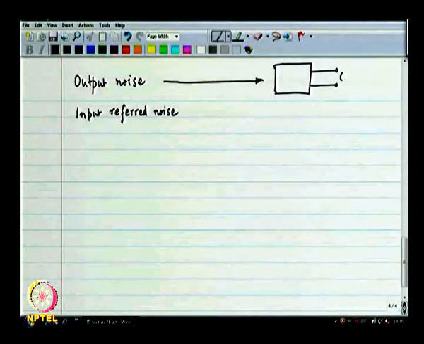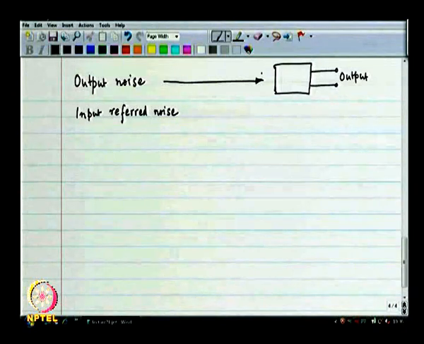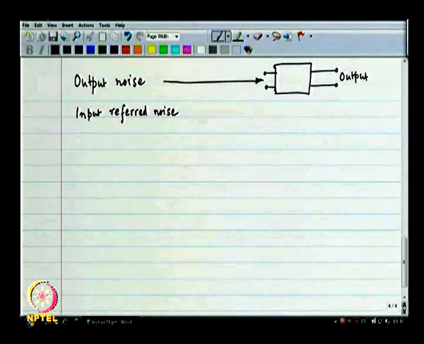Okay. Now, the input referred noise is something that is harder to understand. There is no great definition for output noise. Output noise is the total noise that you see at the output.